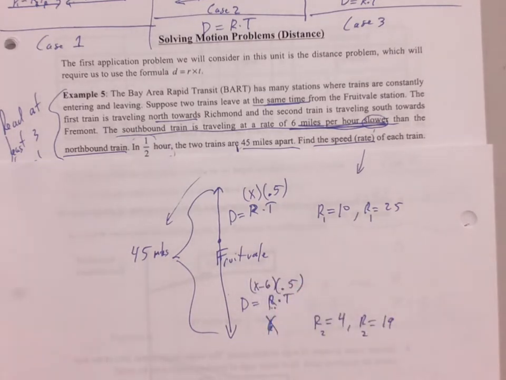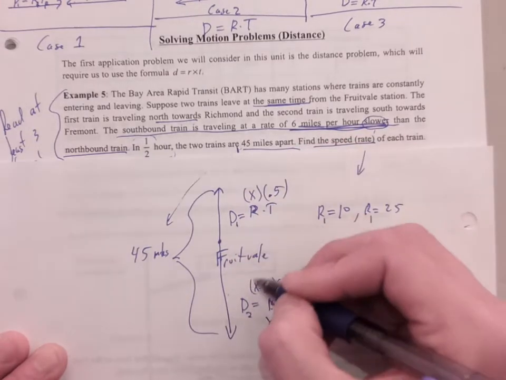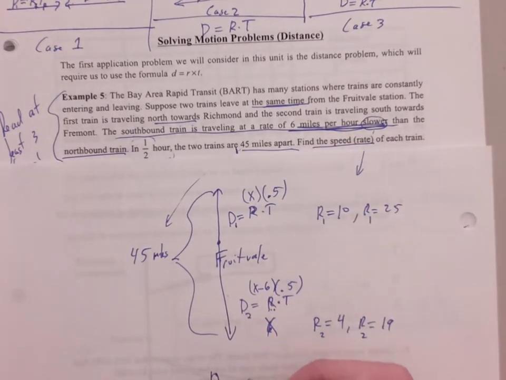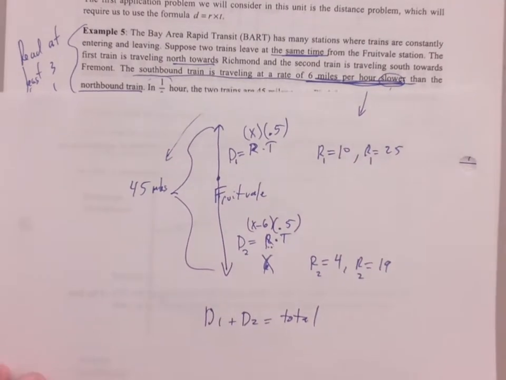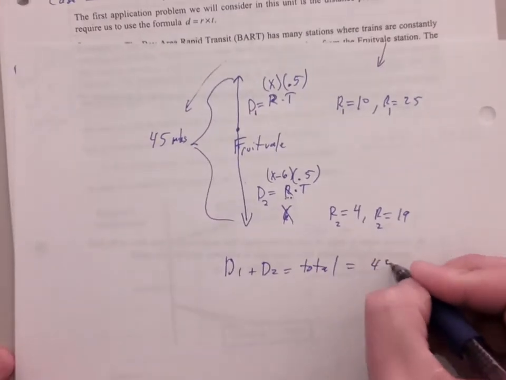Alright, so what else do I know? I know that this distance plus this distance, D1 plus D2, is going to be the total distance. What's the total distance? It's 45.